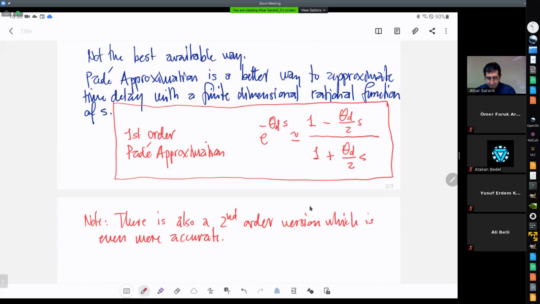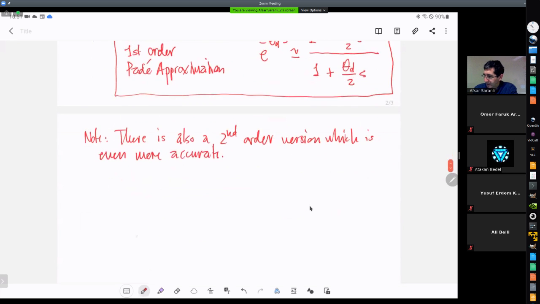Okay? Now, what we note about this approximation is that it introduces to the transfer function 1 zero and 1 pole. So there will be an additional zero and an additional pole as part of our transfer function. What is more, actually the zero that is introduced is an unstable zero. Okay?